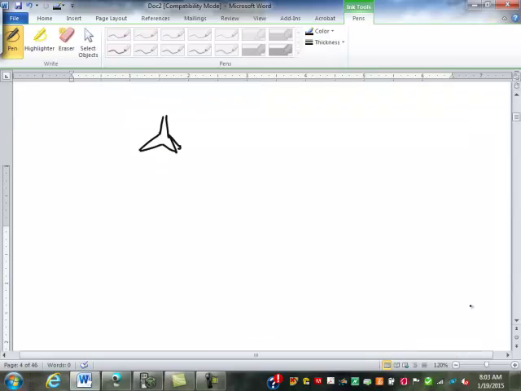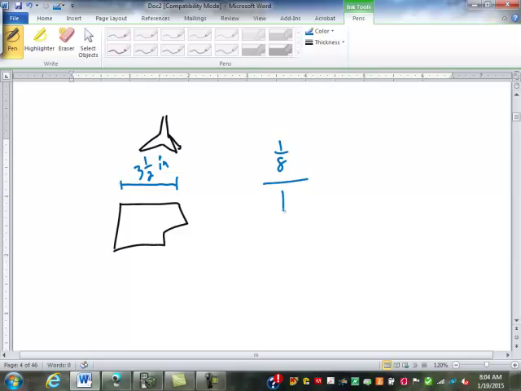Okay, so let's go the other direction. Let's say you have a part and you need to draw it, and you have a dimension here that is 3.5 inches. And you need to know how long to draw it. And we're going to use a 1/8 scale again. Where's the 3.5 going to go?